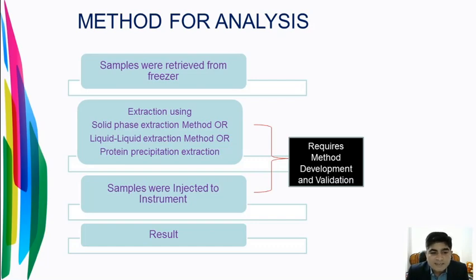After extraction, we are going to inject the sample into the instrument. So you can see that these two parts require method development and validation. On the basis of the results, we can prove the BA/BE studies.